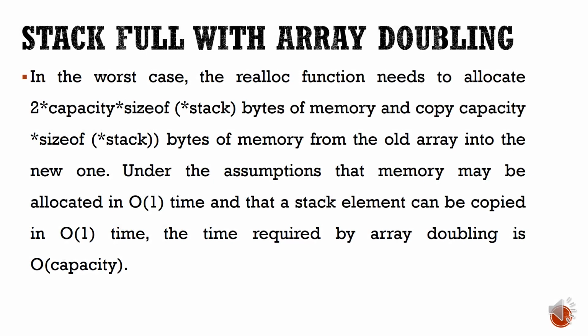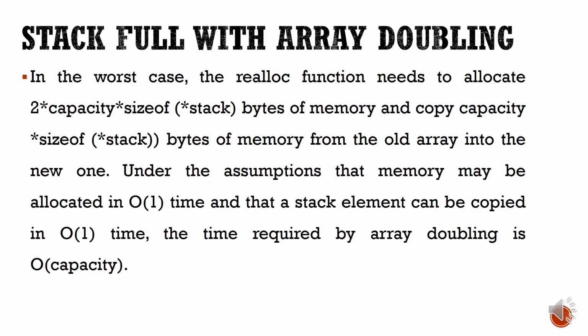Next, let us analyze the array doubling capacity. Every time when the stack is full, we go for doubling its capacity. That is, capacity is multiplied by a factor of 2. But what happens over here? Every time I double my capacity, I need to copy my old contents back to my stack.